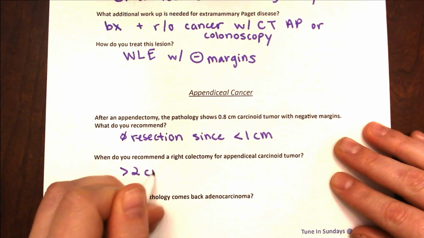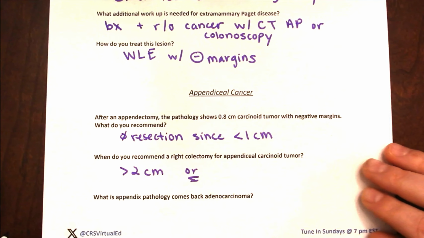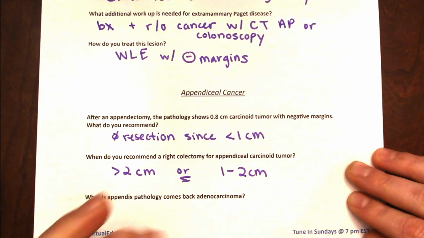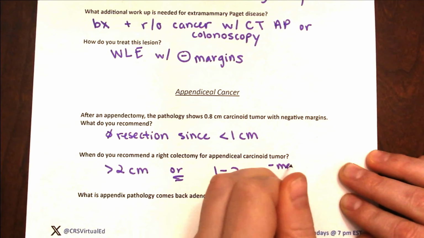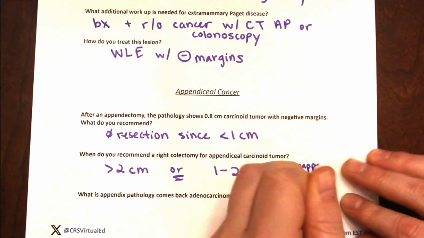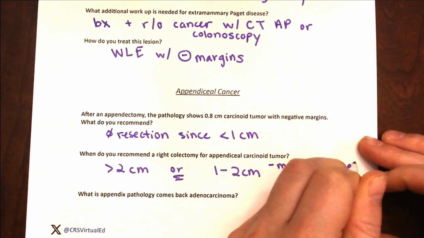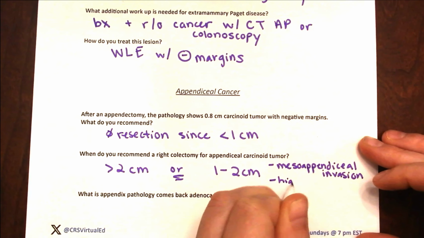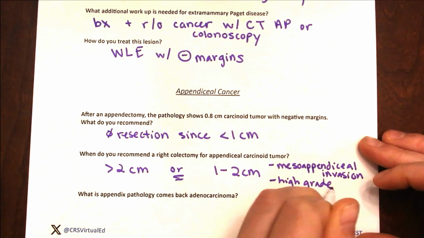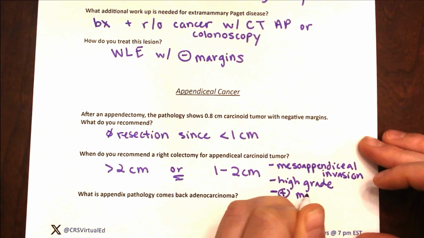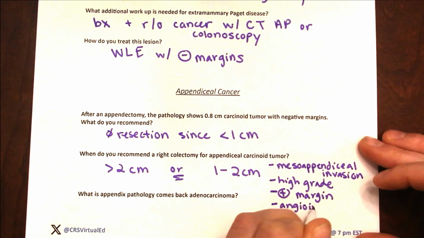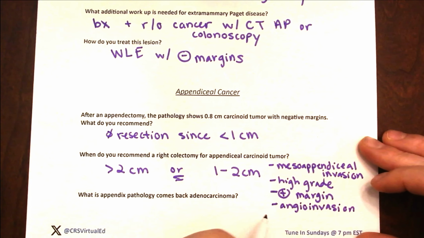If the patient has a carcinoid tumor in the 1 to 2 centimeter range and they have mesoappendiceal invasion, if they have positive margins, if it's high grade, if there is angioinvasion, or if it's mixed histology with a more aggressive pathology like goblet cell or adenocarcinoid, then I would recommend a right hemicolectomy for that patient.